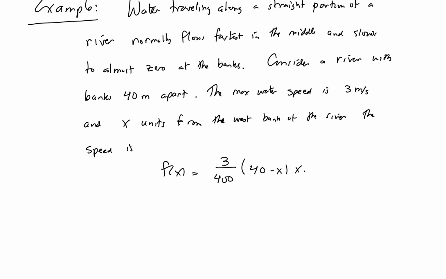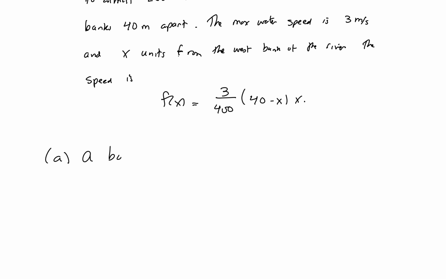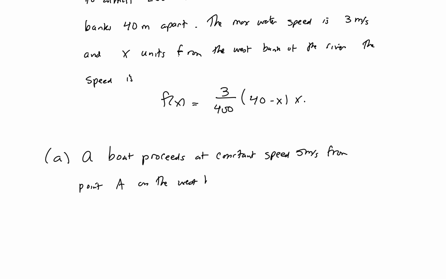Now, what do we want to do with this information? Let's say a boat proceeds at constant speed, 5 meters per second, from, let's say, point A on the west bank to point B on the east bank, directly opposite.